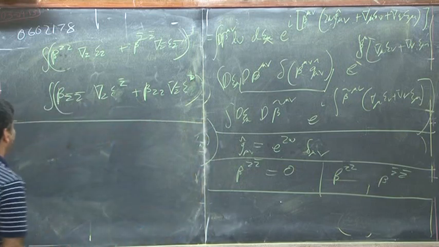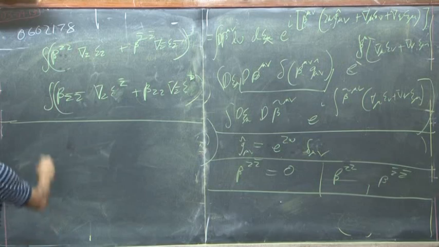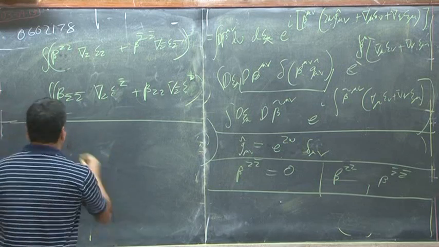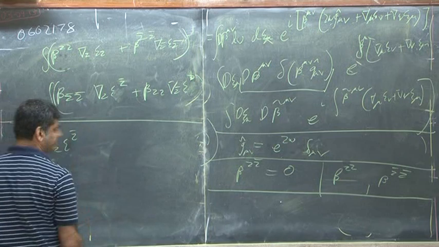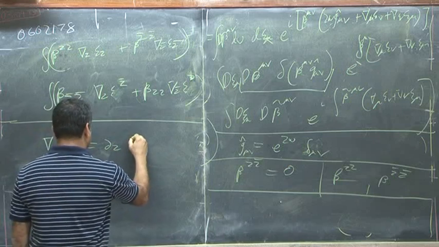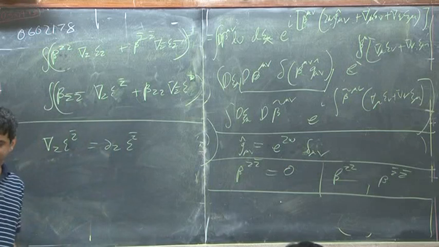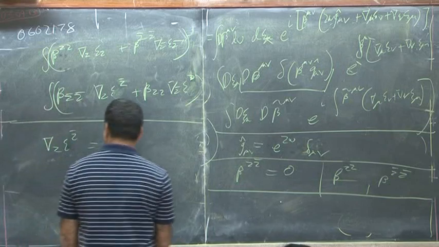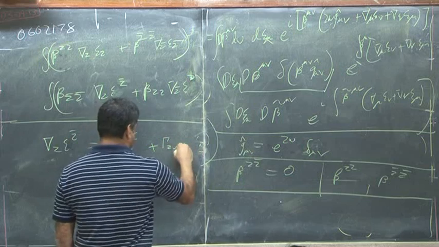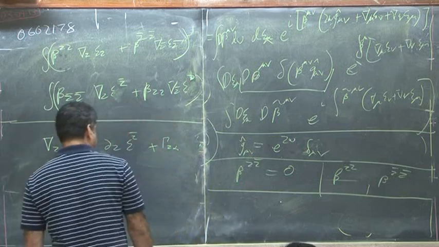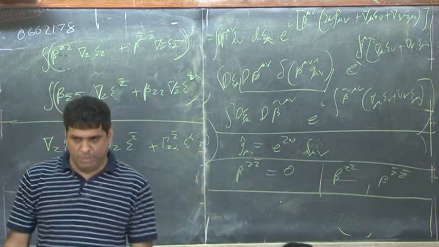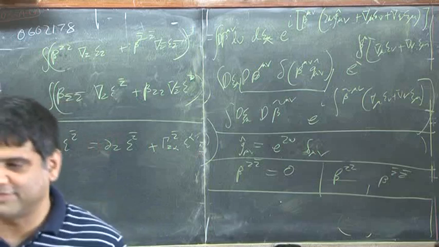We get del z of zeta z bar is equal to del z of zeta z bar plus gamma z alpha z bar zeta alpha. That is the usual formula of general relativity.